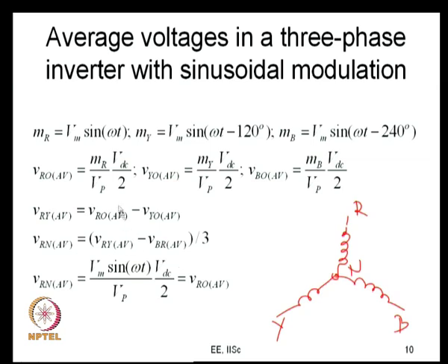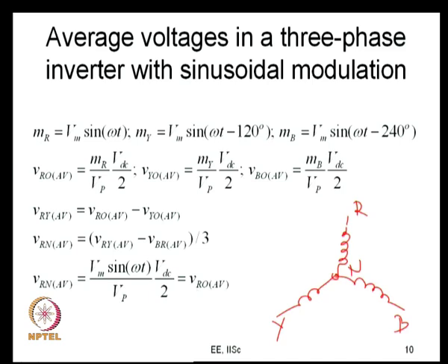And so, if you substitute all these values one into the other, you will find that VRN average is equal to simply Vm by Vp times sin omega t times VDC by 2, and that would be the same as VRO average itself. This is a special case when you are talking of sinusoidal modulation: your VRN average will be equal to VRO average, whereas when you start injecting common mode, then this will no longer be equal, as we will just see in the next slide now.